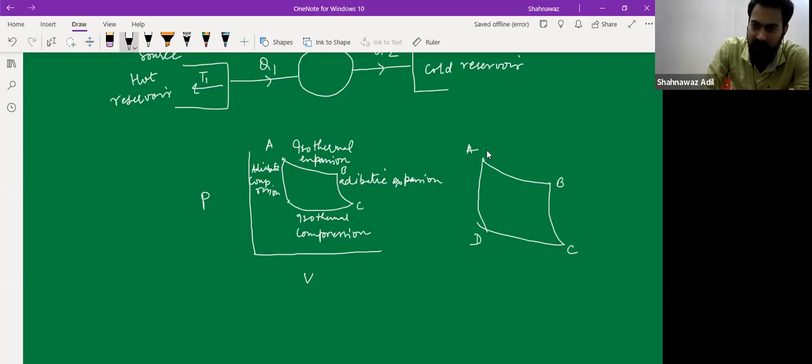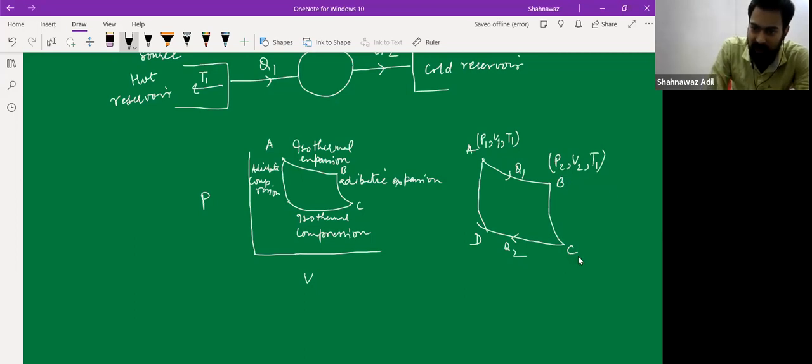Let's say the pressure is P1 here, V1 here, and the temperature is T1. Now the process is isothermal, so here the pressure is P2, the volume is V2, and the temperature will again be T1.